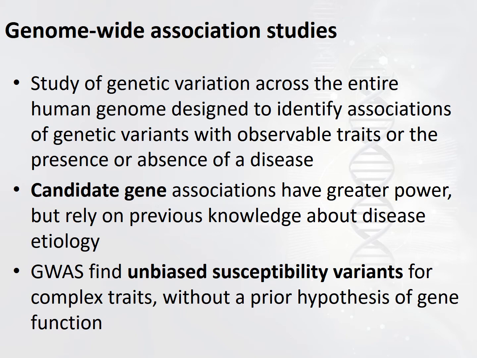Unlike the candidate gene approach, which we saw in the linkage analysis, which is actually more powerful in terms of the information that you get and the strength of the statistics, but is generally confirmatory of previous knowledge, GWAS takes a global exploratory approach without the need of any prior hypothesis on the function of a specific gene or variant.